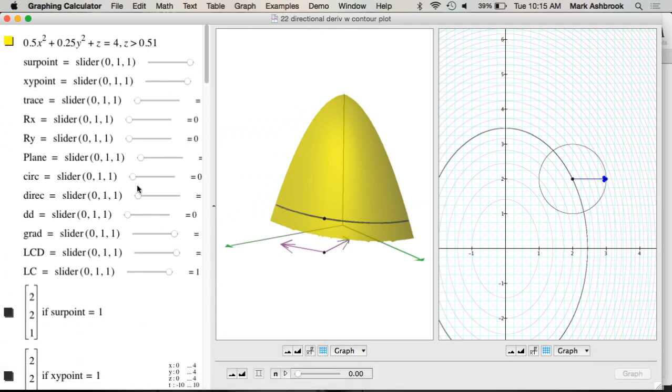I gotta turn all this stuff on. Okay, there we go.